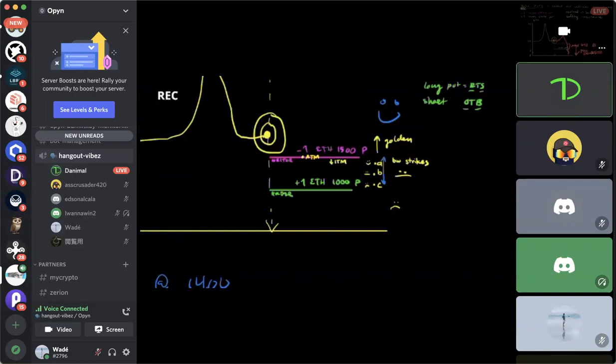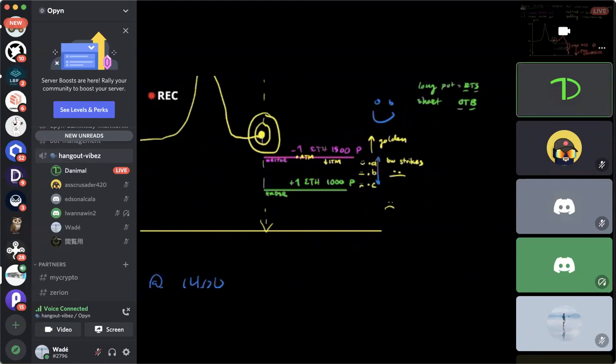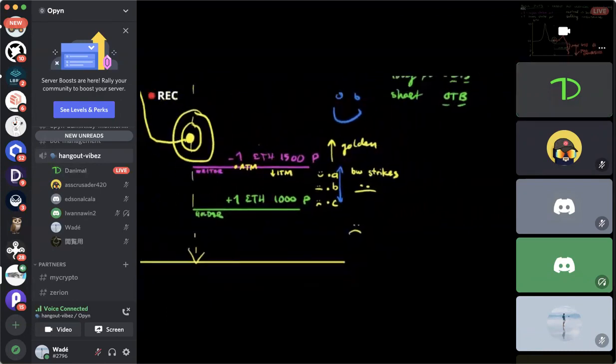So if we're looking at Ethereum, now I'm looking at a chart. Let's say we're looking at December, and we see a 1500 strike is about 190. So we collected about 190 for this. And then I don't have a quote for the 1000, but let's just guess 90 to keep it simple.